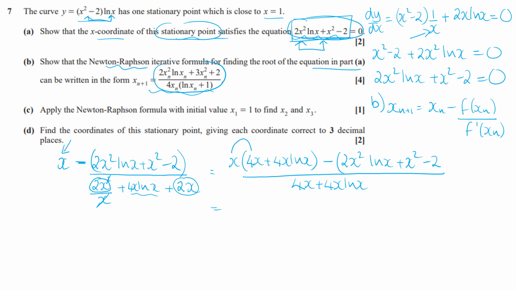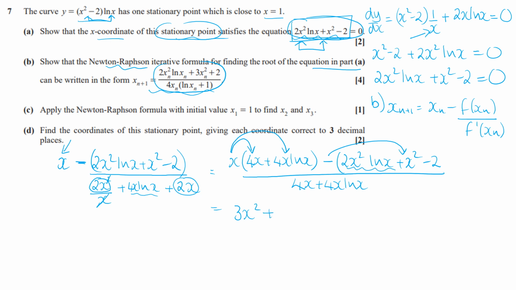Now all we need to do is collect like terms. We can see here, multiplying that x in, you're going to get 4x squared, and you've got minus an x squared here. So we're going to get 3x squared, and then multiplying those two together, you're going to get 4x squared ln of x, and here you've got minus 2x squared ln of x.